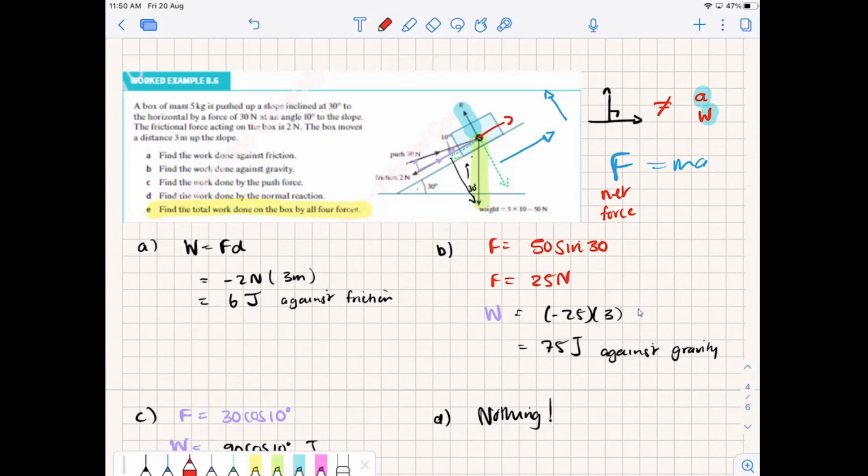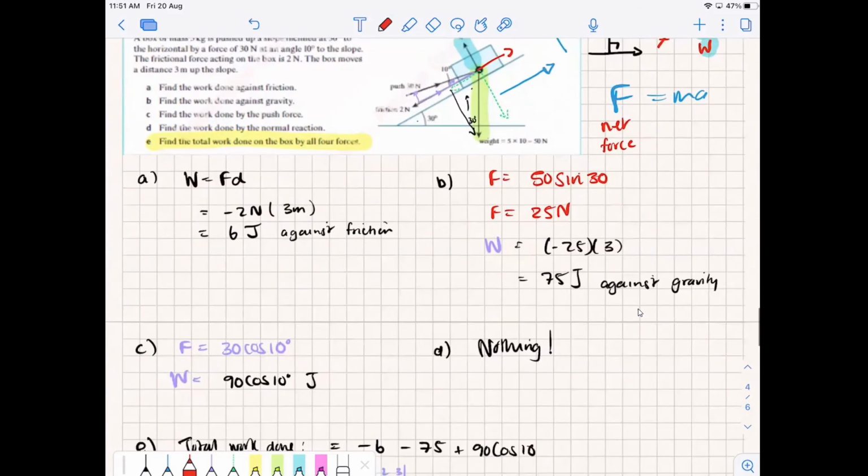So we would have had to resolve horizontally. And how would you have done that? Well, you would have had to split the forces up into the 2 different components. You would have taken all the forces in that direction as positive, all the forces against direction as negative. You would have found a single force. And actually, we can go back and we can do that.